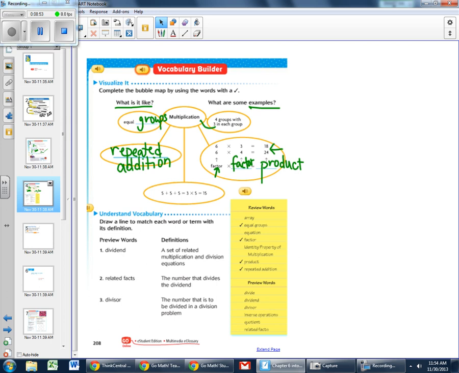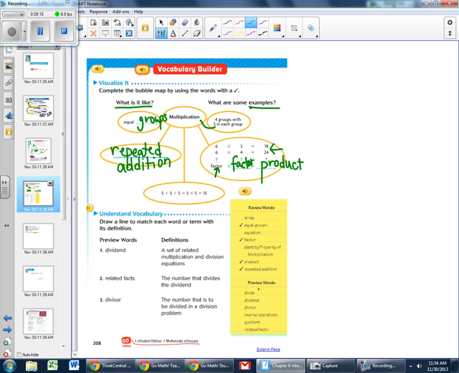Understanding vocabulary on the bottom, draw a line to match each word or term with its definition. Now we might have some new ones that we have here. We have divide. We know that divide is breaking them into groups. We just talked about a dividend, and a dividend being the number that is divided in a division problem.